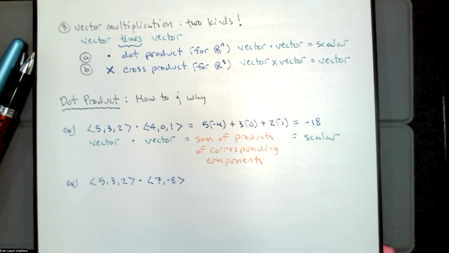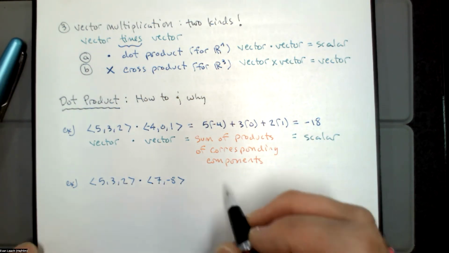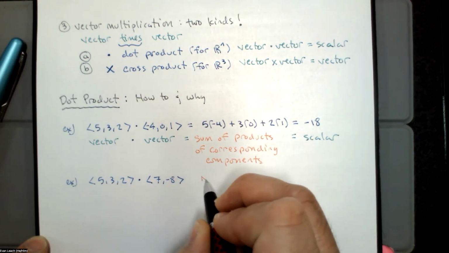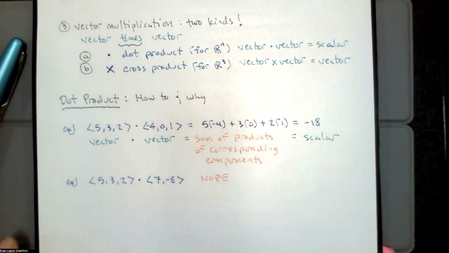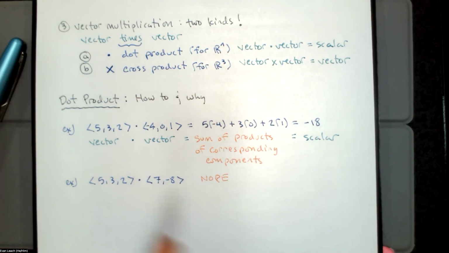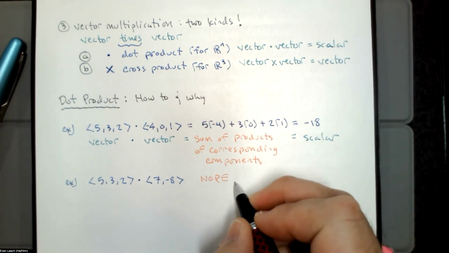We don't get to dot product these two vectors because there is no z component of the second vector. There's no dot product. The vectors need to be the same size.